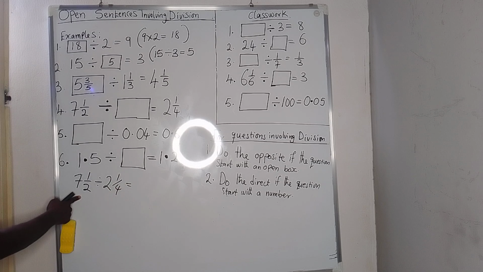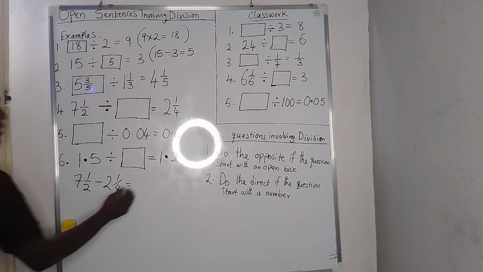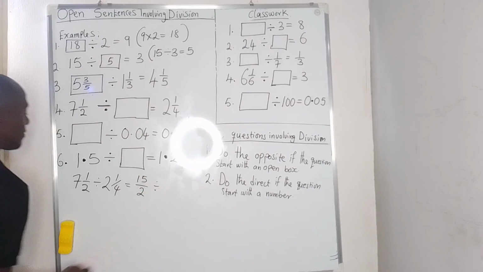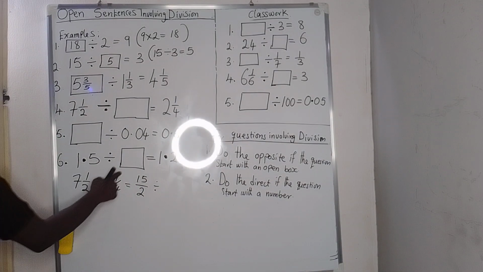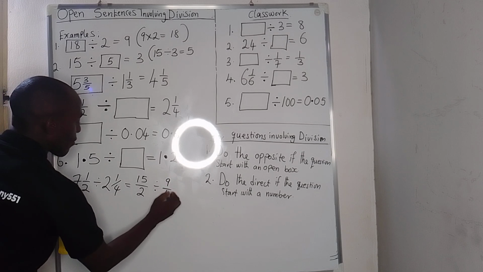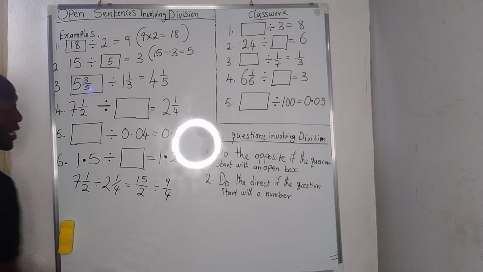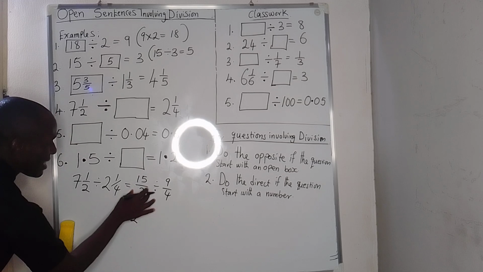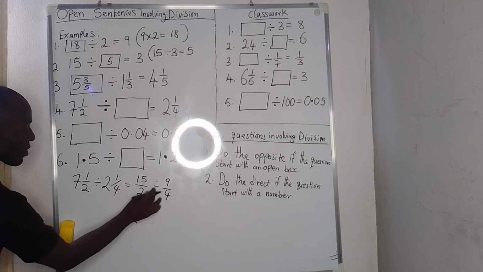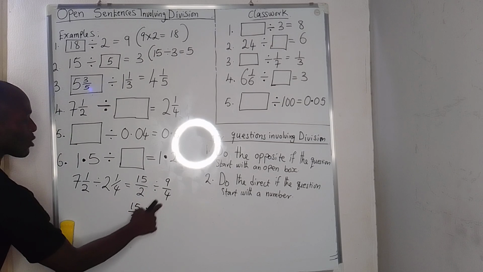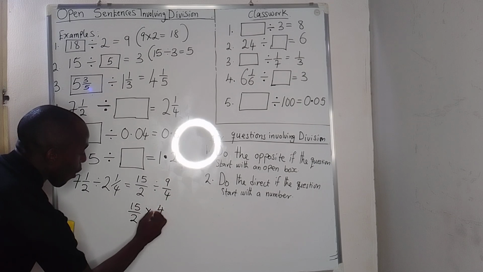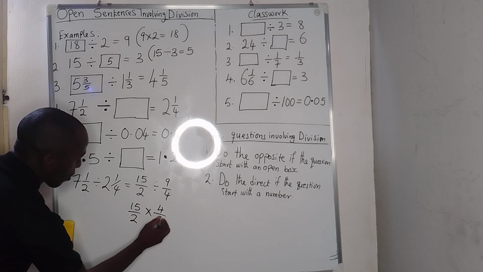Change this to improper. 7 times 2 is 14 plus 1, 15 over 2 dividing 2 times 4 is 8 plus 1, 9 over 4. Fraction, we can do the reciprocal. We have 15 over 2, write the first fraction the way it is, change this to multiplication. As you're changing it, the 4 that is the denominator becomes the numerator, 4, then the numerator becomes the denominator.